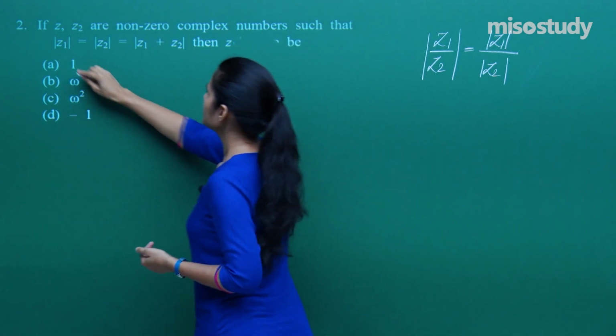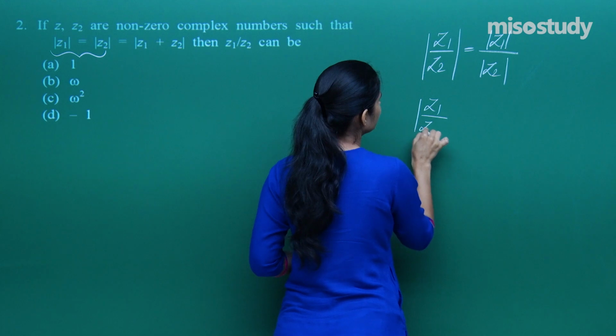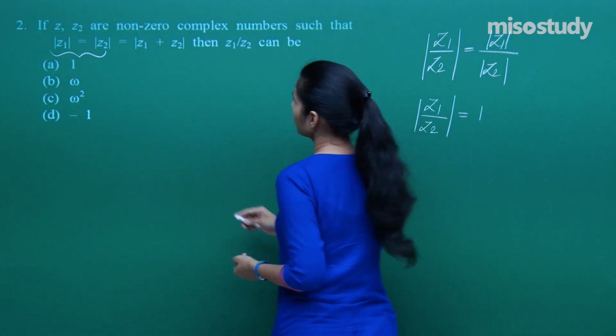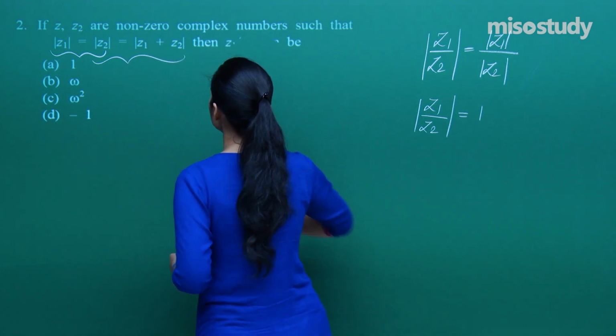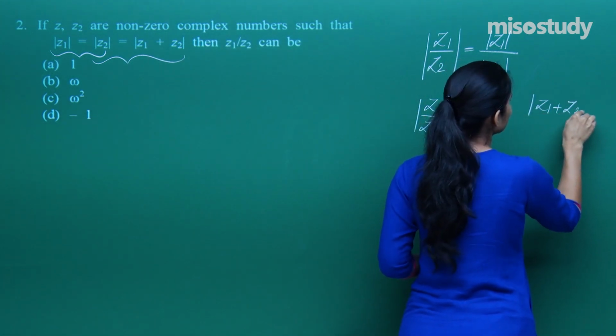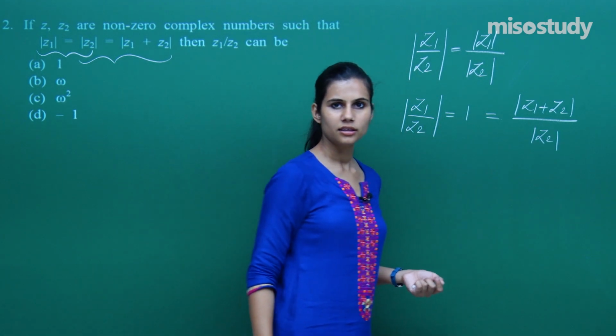So if you are given this, this means mod of Z1 by Z2 is actually 1. And you are also given this, that means mod of Z1 plus Z2 upon mod Z2 is 1.